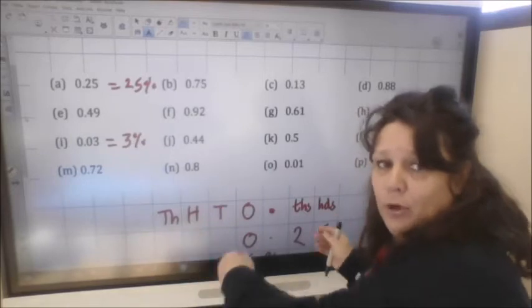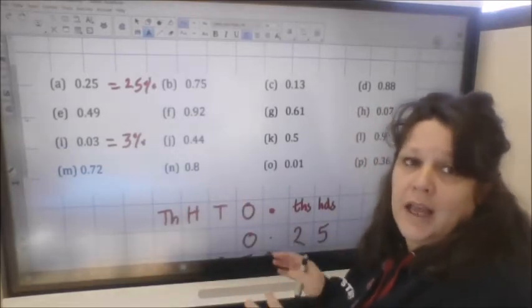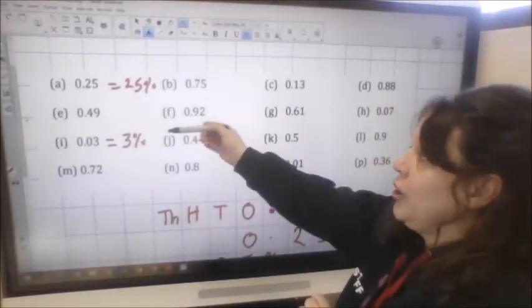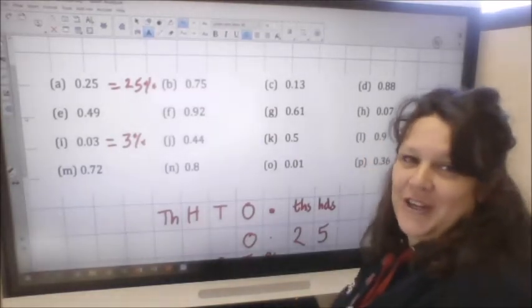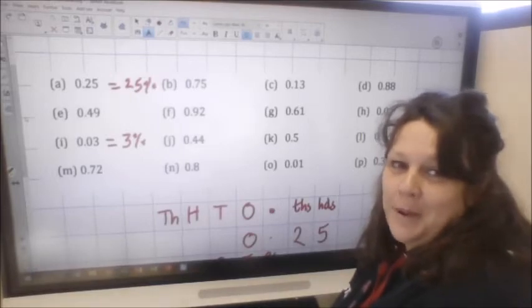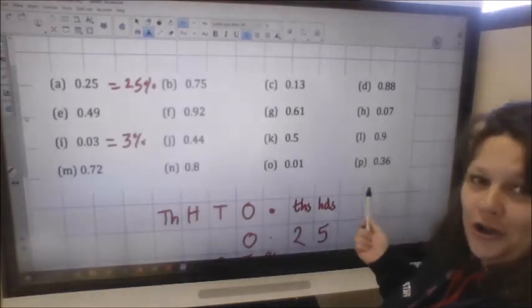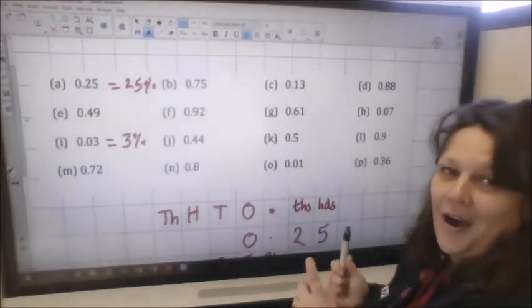Draw the grid in your book and physically move them like I've shown you in the examples. Okay, so I want you to have a little go at the others. You'll be able to do this underneath your starter activity. You'll make sure you've got something to write with back into your purple books and have a little go at the questions on the board. Convert them to percentages. Off you go.